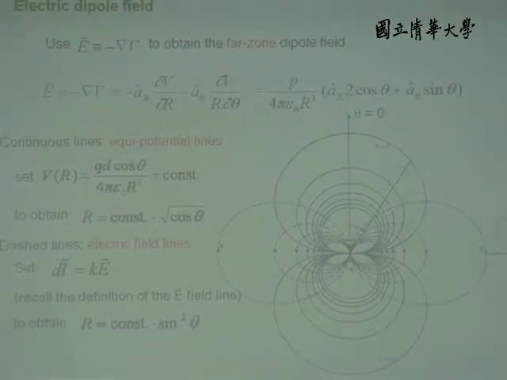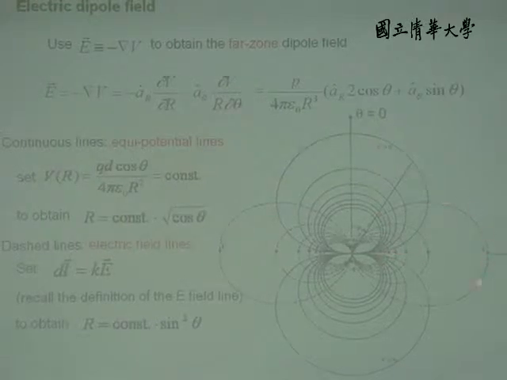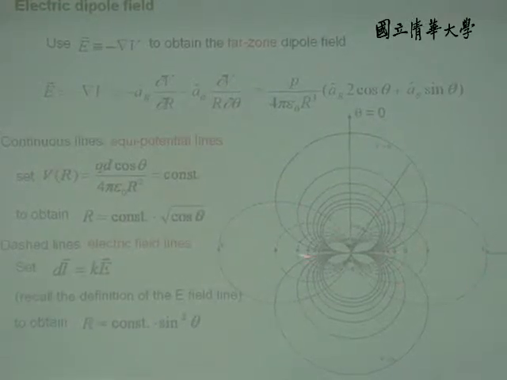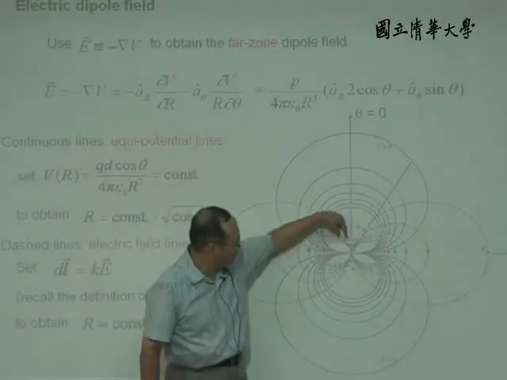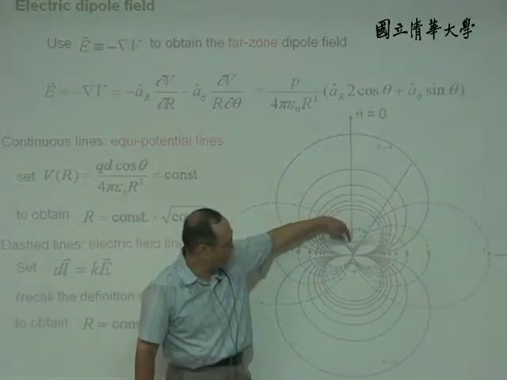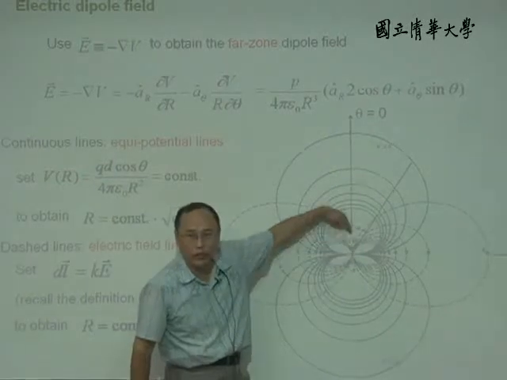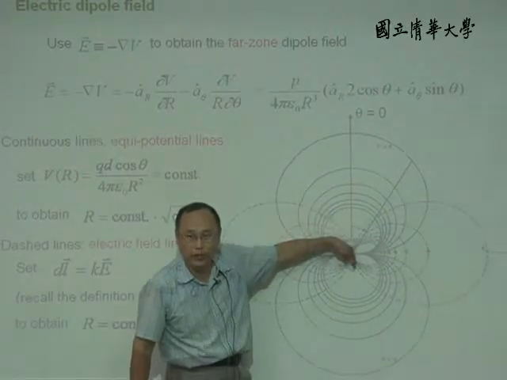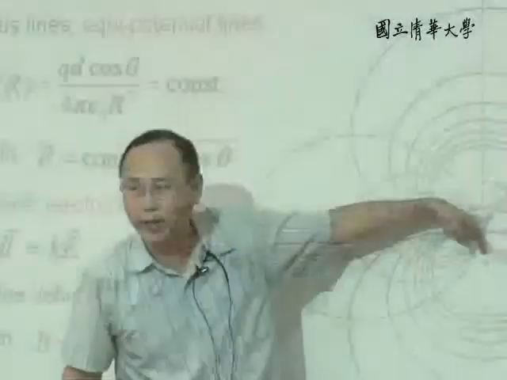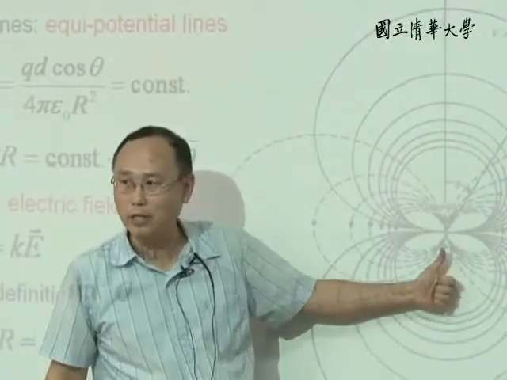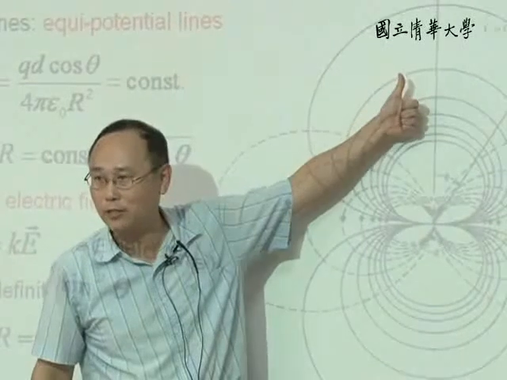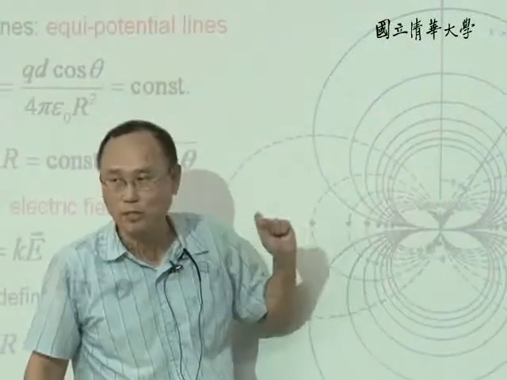This electric field line is denoted by these dashed lines. This dashed part, okay. From here to here is easy: the electric field line goes from positive charge to a negative charge along this direction. But don't forget that your dipole moment is going to be in the opposite direction, from negative charge to positive charge.